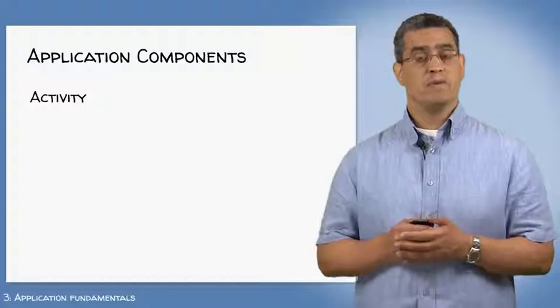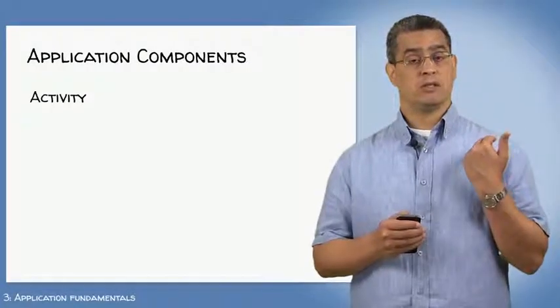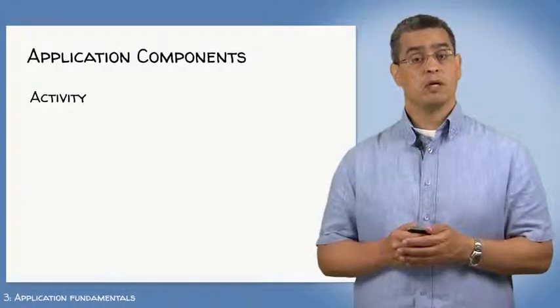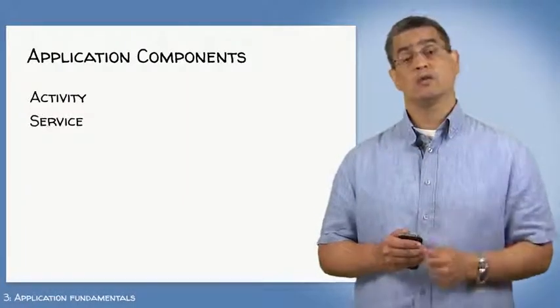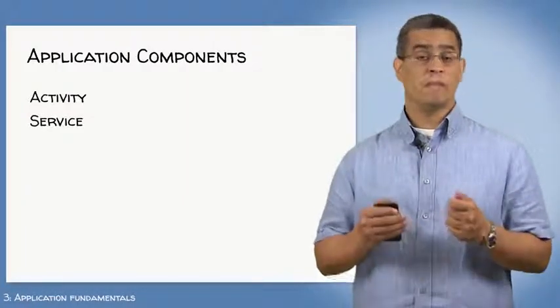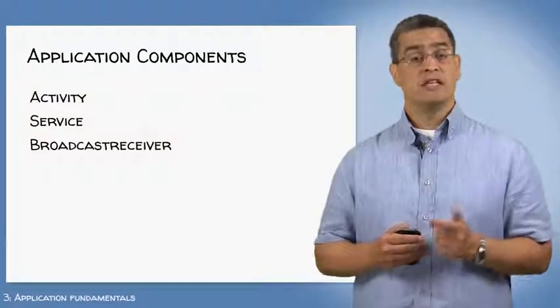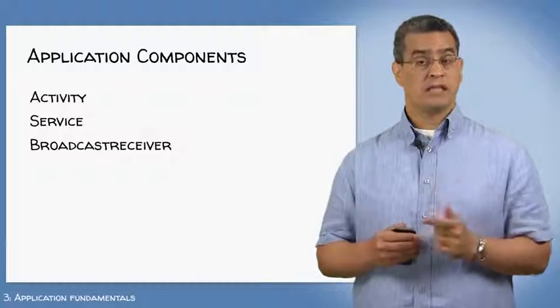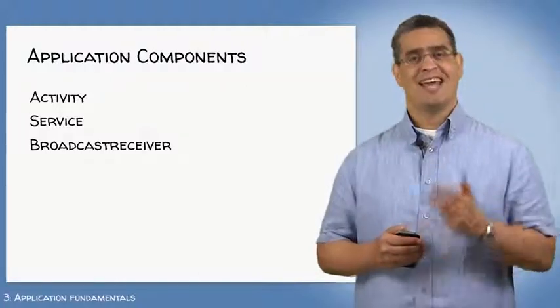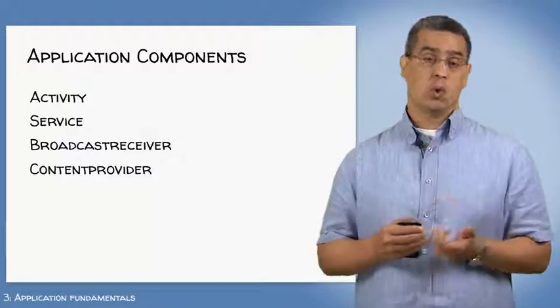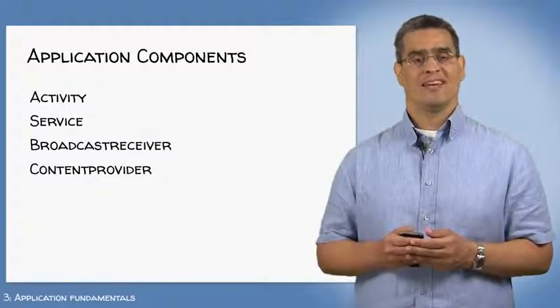The remaining 3 components work behind the scenes, so they don't have user interfaces. These components include services for supporting long-running or in-the-background operations, broadcast receivers that listen for and respond to events that happen on a device, and content providers, which allow multiple applications to store and share data.